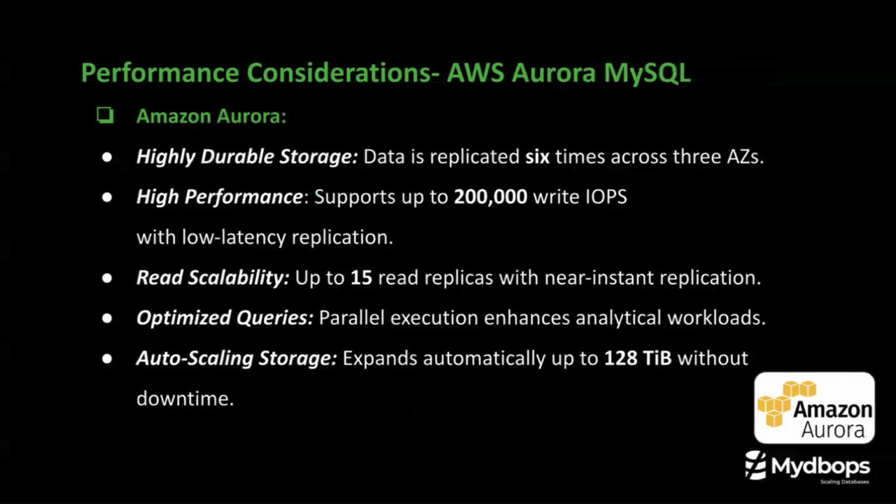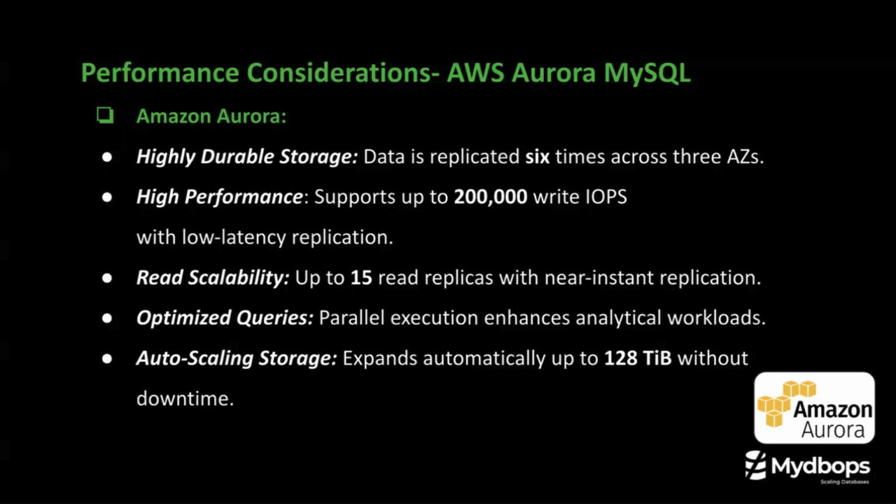Aurora is designed for high durability and scalability. Unlike RDS, where storage is tied to each instance, Aurora uses a shared distributed storage layer, which automatically replicates data 6 times across 3 availability zones. In terms of performance, Aurora supports up to 2 lakh write IOPS with low latency replication, so it makes a great choice for write intensive workloads.